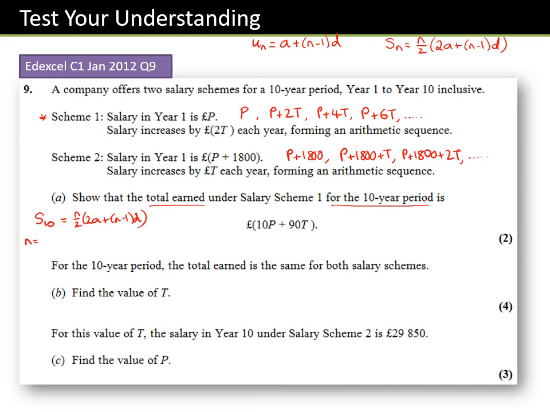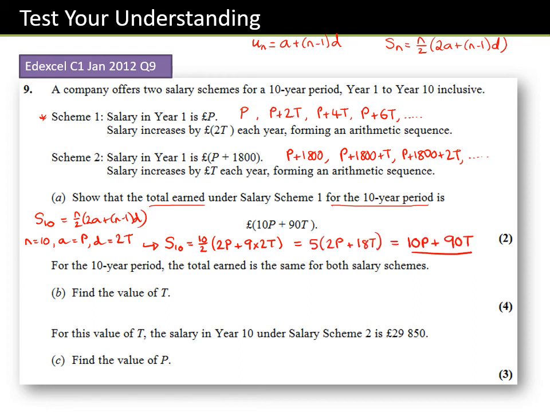Here write n equals 10, a equals p, and d equals 2t. Plug that in. 10 over 2 times 2p plus n minus 1, which is 9, times 2t. Simplify that. And that takes us to what we were trying to show.